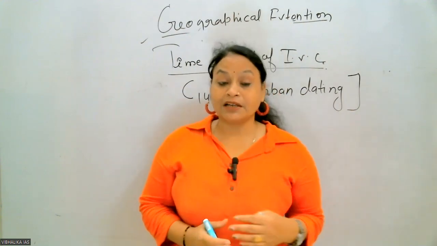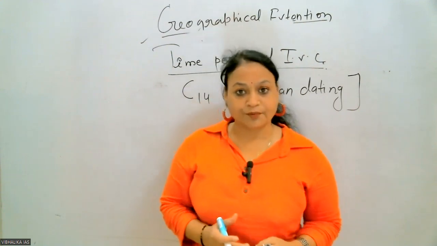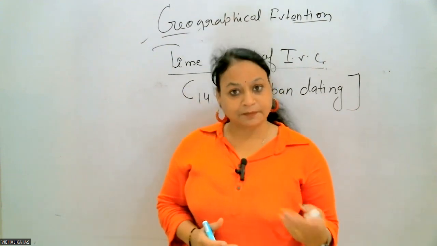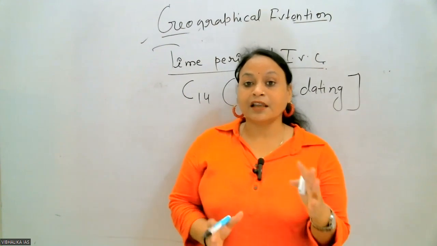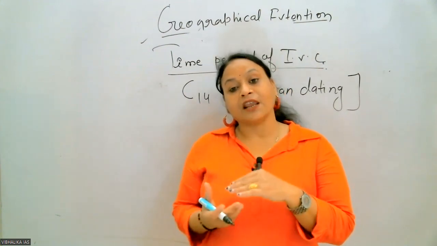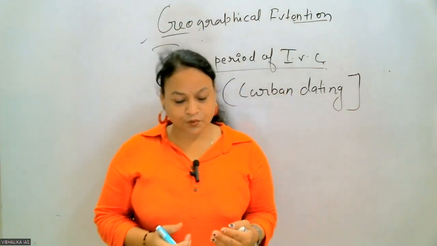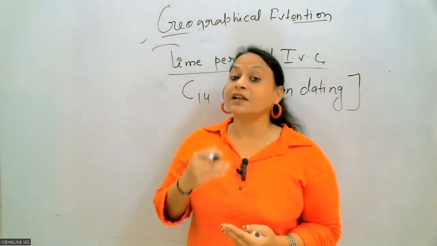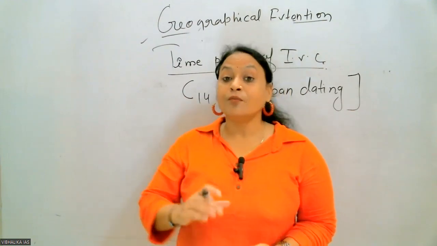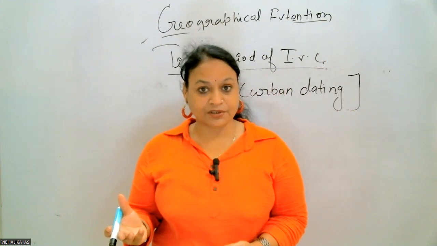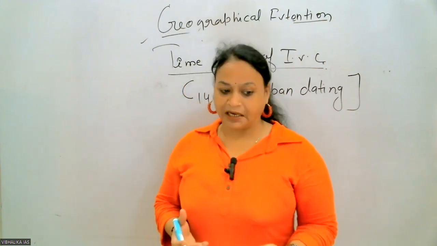So according to carbon dating, we can find out the age of ancient remains up to 50,000 years, right? But for things that are more than 50,000 years old, we have to use the uranium method. This question can also be asked. If we want to know the age of things more than 50,000 years old, we have to use the uranium method.